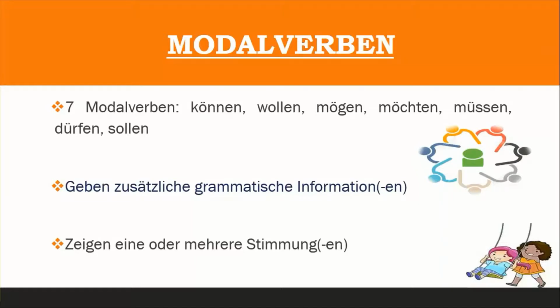I can say I must sing in the sense that I should participate in the activity by singing. So the use of the modal verbs can and must in my examples have given additional grammatical information.